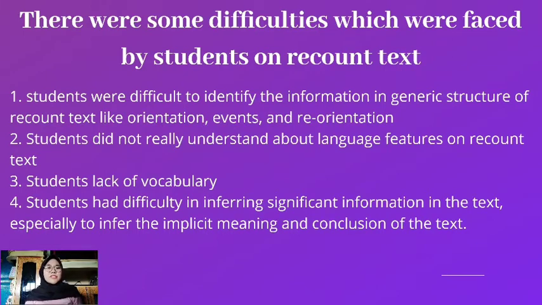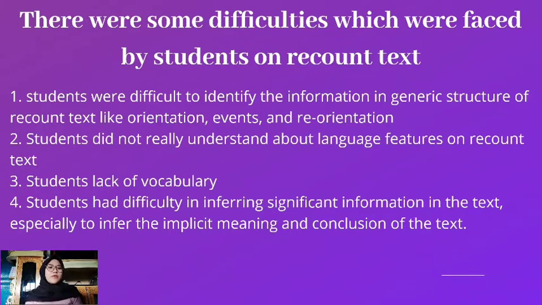The generic structures inform the readers about when the event happened, where the event happened, who was involved in the event, what the series of events was, how and why the event happened, and how the ending of the event was.